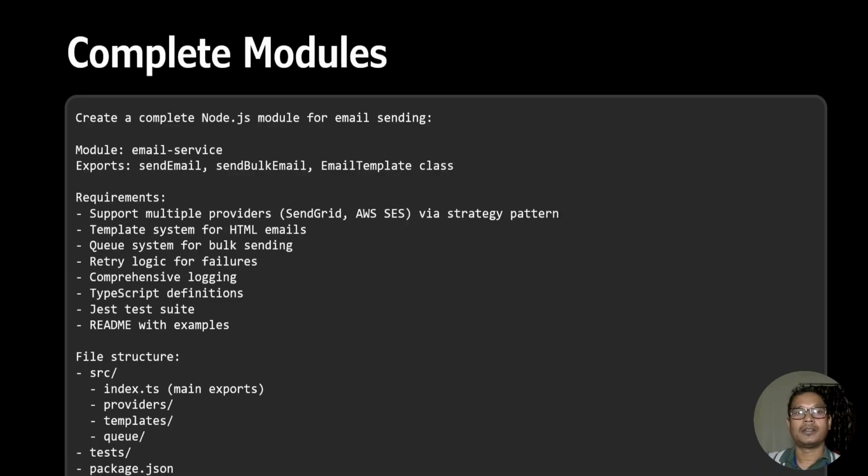And when creating complete modules, suppose you are a Node.js developer and you want to create a module for email sending, you can give all your module information with instructions like this: this module, email service, exports this class, and you write the requirements and define the file structure like this.